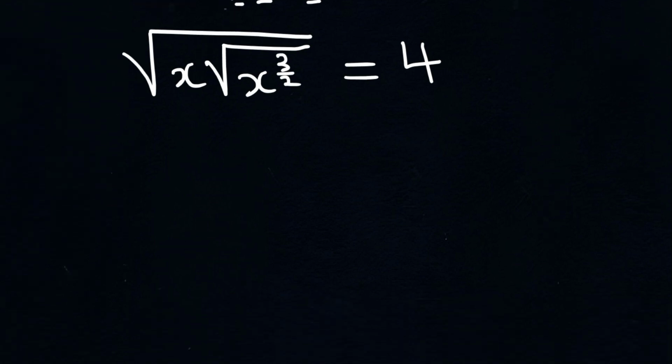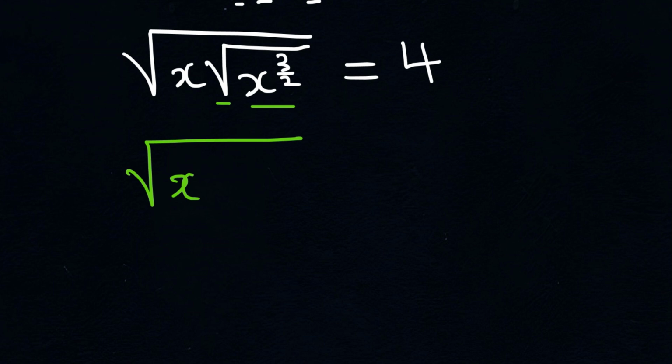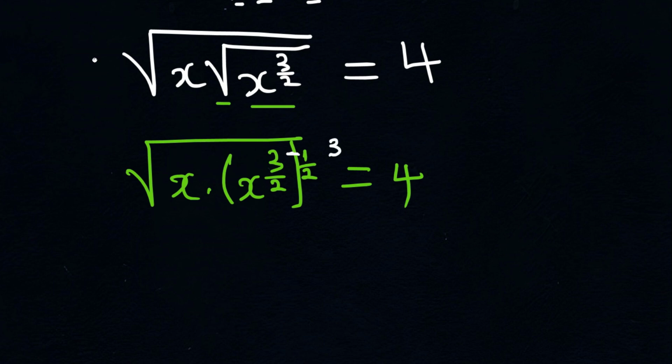Now the next step will be to get rid of the square root, and we do that by raising the expression that we have within that square root to the power of half. So our next expression will read the square root of x multiplied by x to the power 3 over 2, all to the power of half, is equal to 4. 1 multiplied by 3 is going to give us 3, and then 2 multiplied by 2 is going to give us 4.